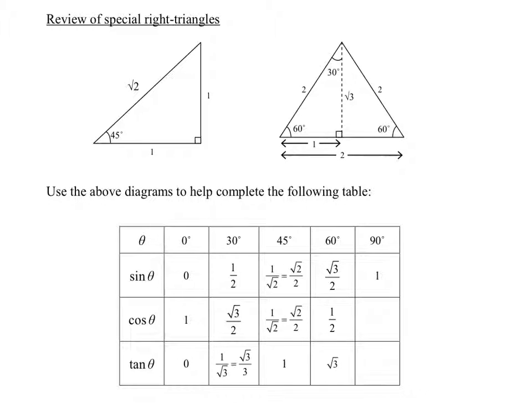The cosine of 90 degrees would be this side here, the adjacent, divided by this. Since this side here is getting much, much, much bigger, you're going to have 1 divided by a really large thing. So 1 divided by a really large thing is going to get closer and closer to 0.